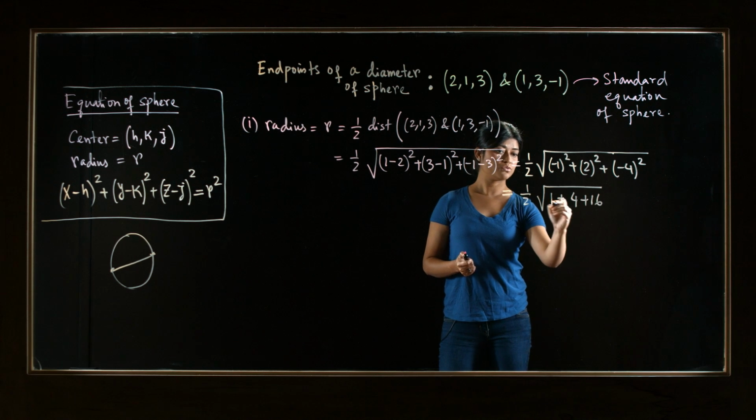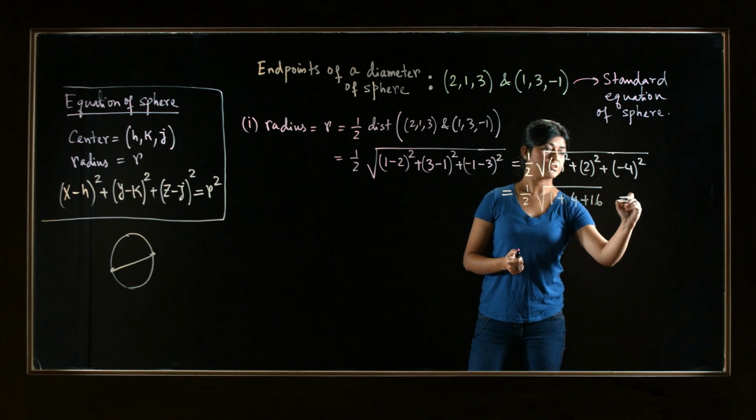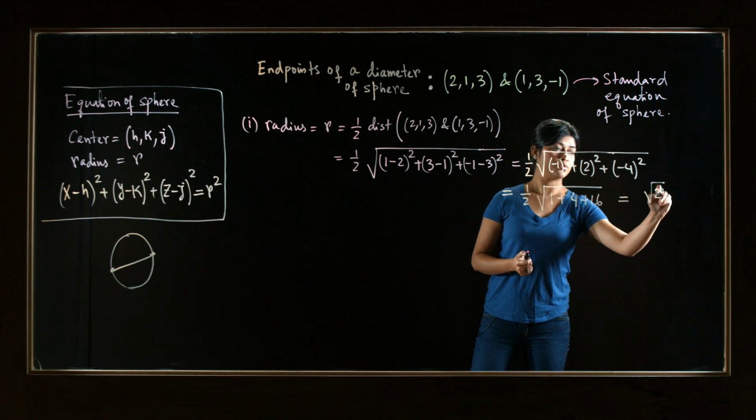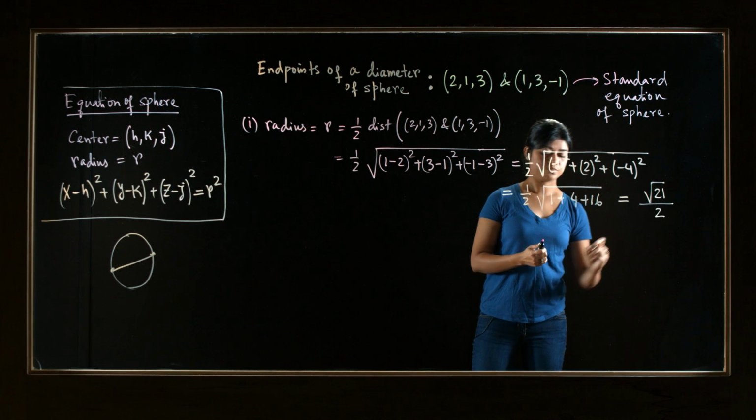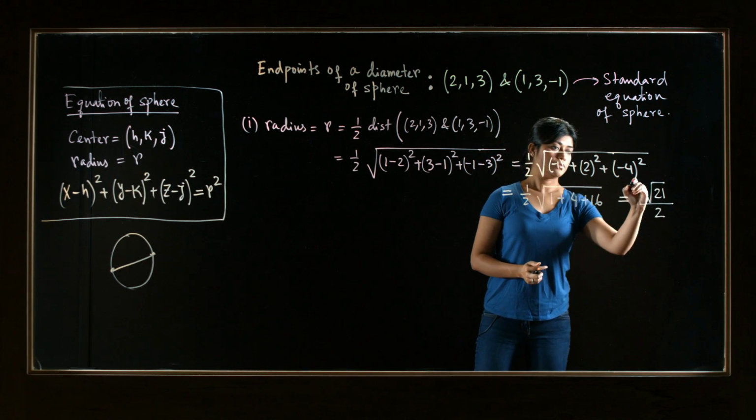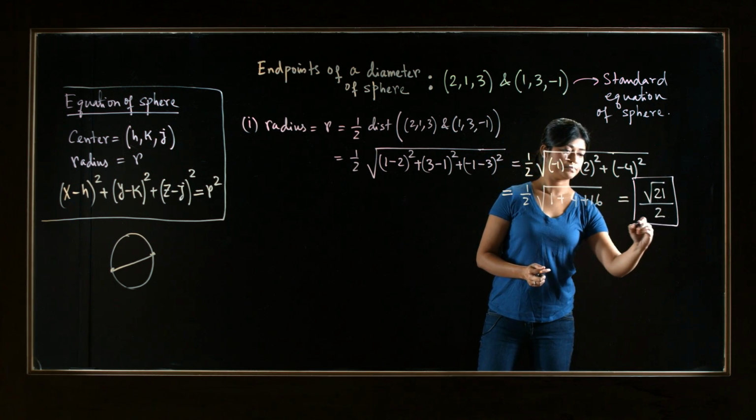So this is 21, so this is square root 21 over 2.